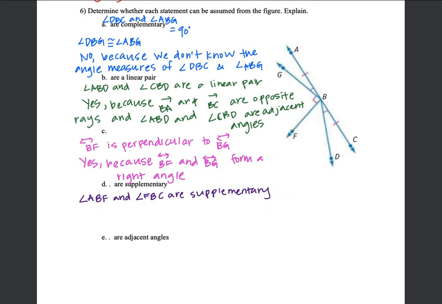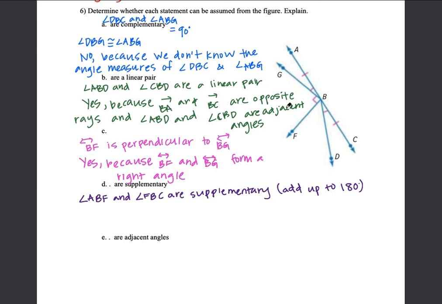I don't know. What do you think? Go look at your notes. Supplementary means that two angles add up to 180 degrees. Remember, complementary is 90 degrees, supplementary is 180, okay? Look back at your notes, look at the very top to see, okay?